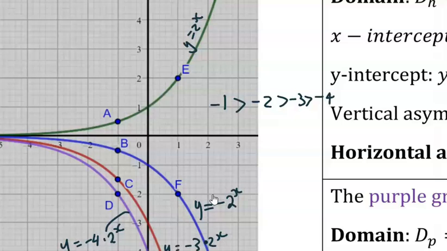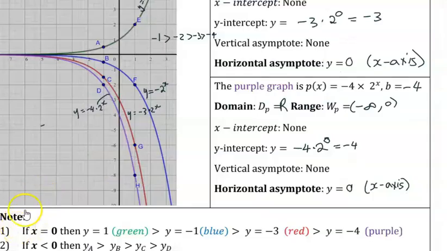So that's why my blue graph is above my red graph, which is above my purple graph. Again, I've summarized here that at x equal to 0, y is 1 for the green graph, y is -1 for the blue graph, -3 for the red graph, and -4 for the purple graph.